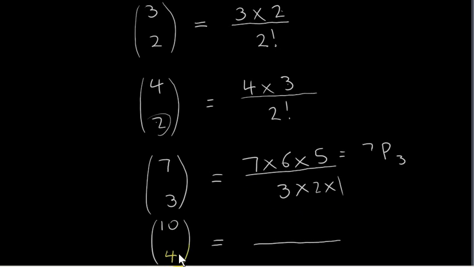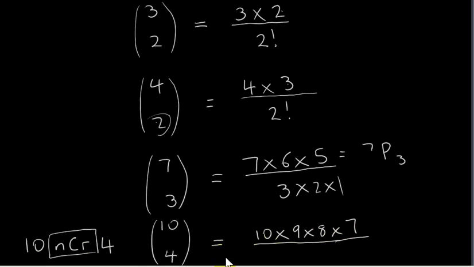Let's look at 10 choose 4. On your calculator, you would put in 10, then you would press the nCr button, and then you would press 4. So we start with 10, and we multiply back so that we have 4 numbers on top. So we have 10 by 9 by 8 by 7. And we have 4 here, so we have to have 4 factorial underneath.